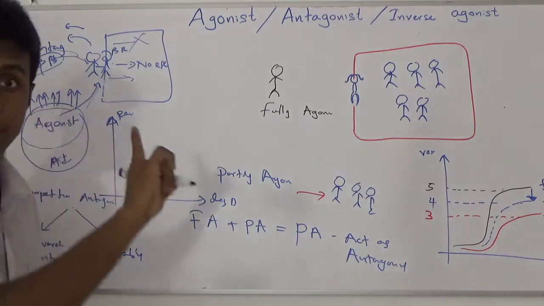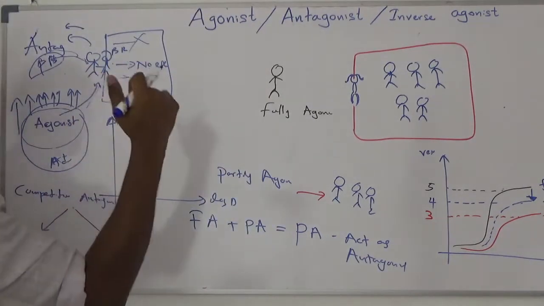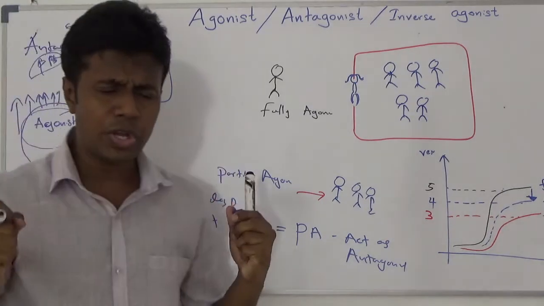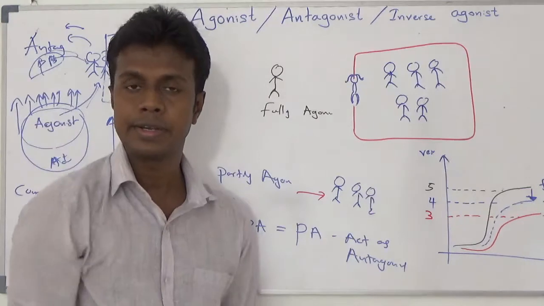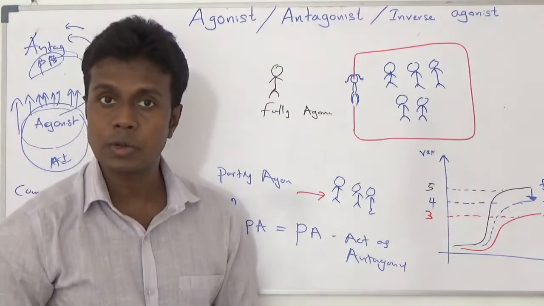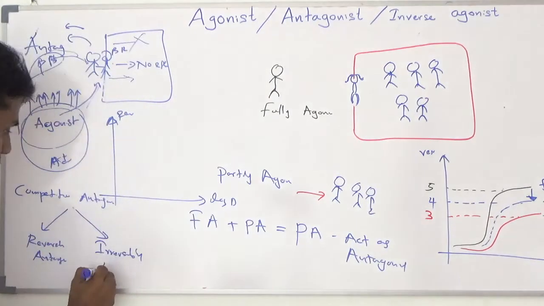They irreversibly bind to the receptor. Here the beta blockers come and bind irreversibly. Even though you increase agonist concentration, you can't remove your antagonist beta blocker from beta receptors. So it is called irreversible antagonism.